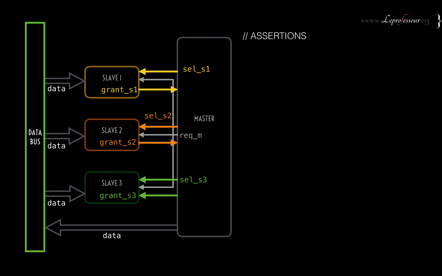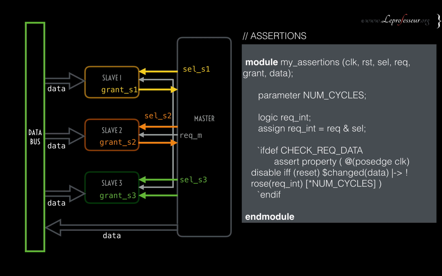But the idea here is to define assertions in one module. So let's say I define my assertions. This is my module name, with the clock, reset, select, request, grant, and data. These signals I'm going to be using inside my assertion module. It's the same way as you write the Verilog or SystemVerilog modules for the design. Good. Define the parameter.